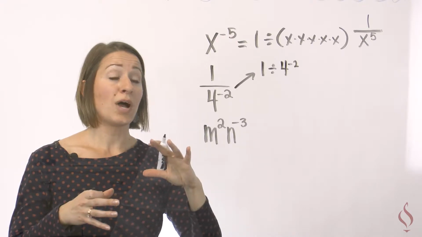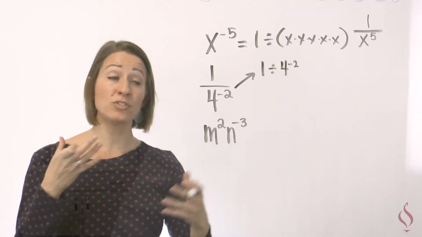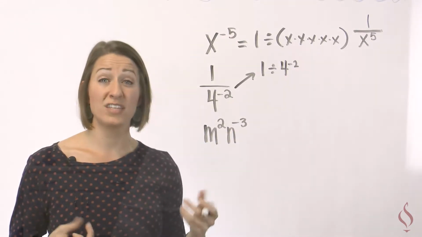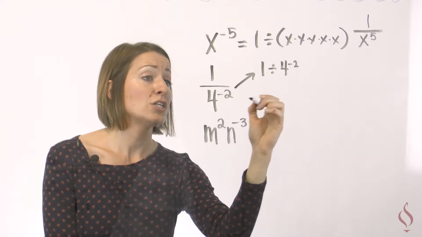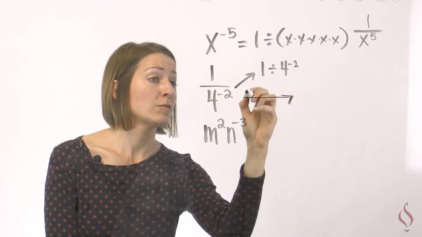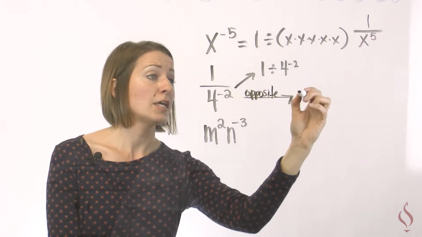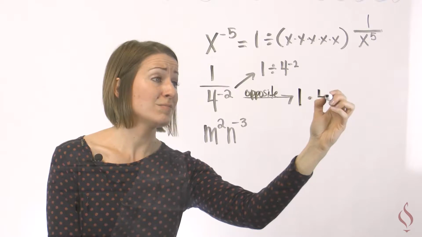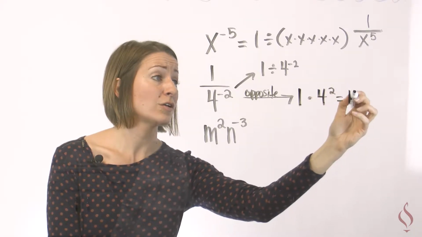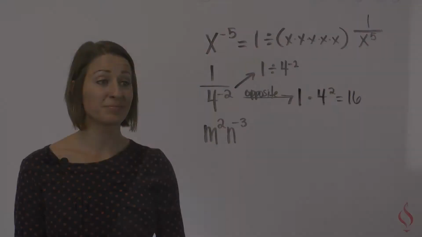We're going to do the opposite of that, and when we do the opposite, we can take off the negative sign for the 2. So this becomes 1 times 4 squared, which is 16.